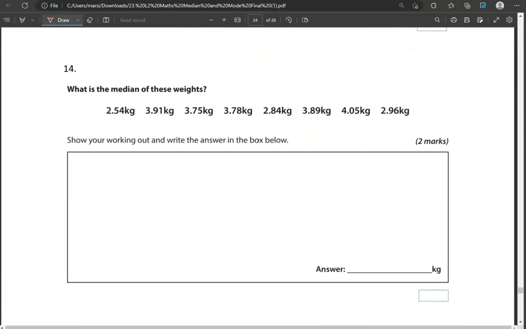What is the median of these weights? Show your working out and write the answer in the box below.